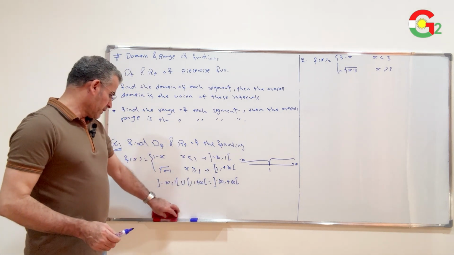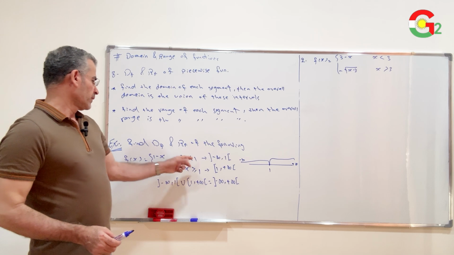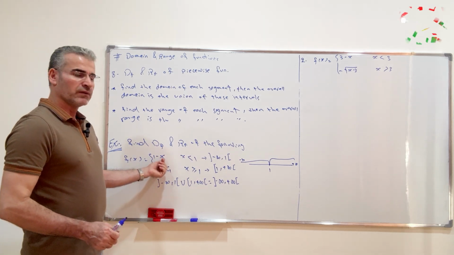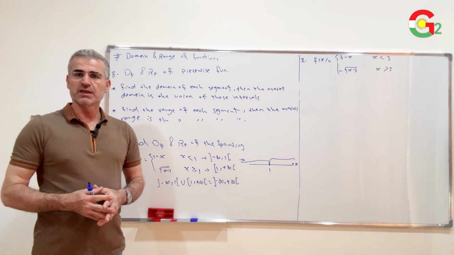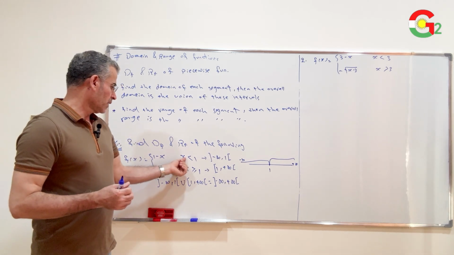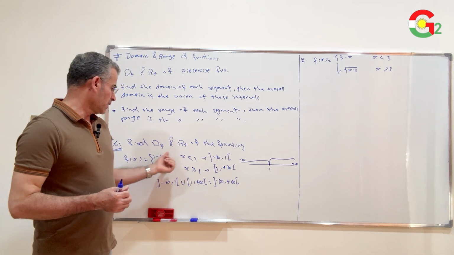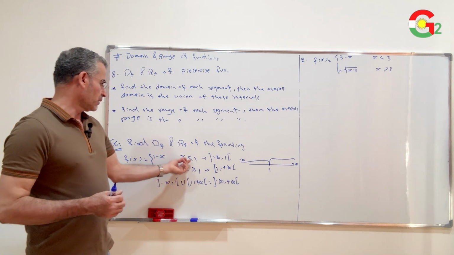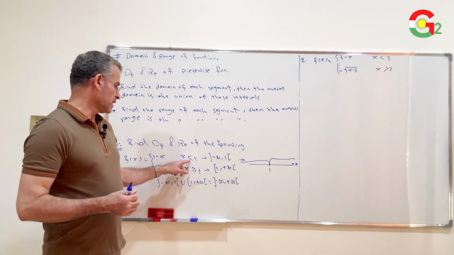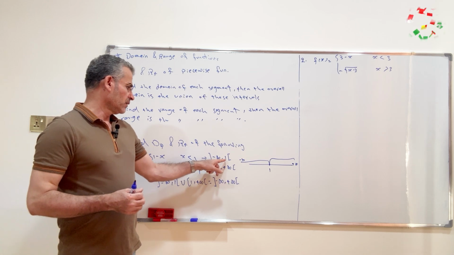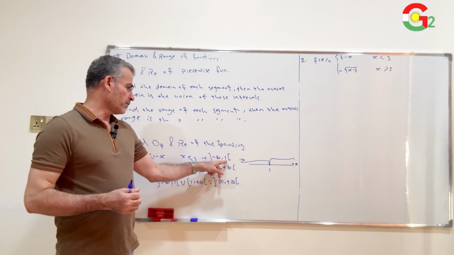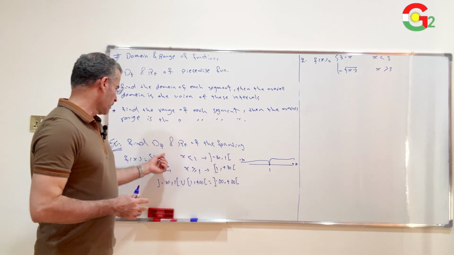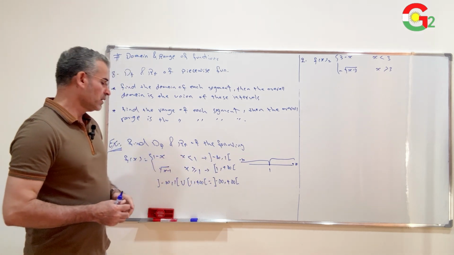For the range, here we have a linear function. Its domain is R, but its range depends on the domain. Since the domain starts from negative infinity up to 1, the maximum value is 1 minus 1, which is 0.